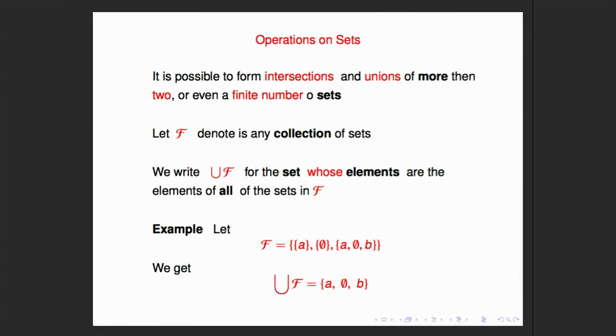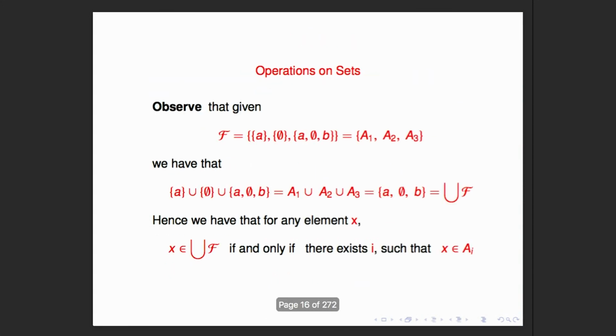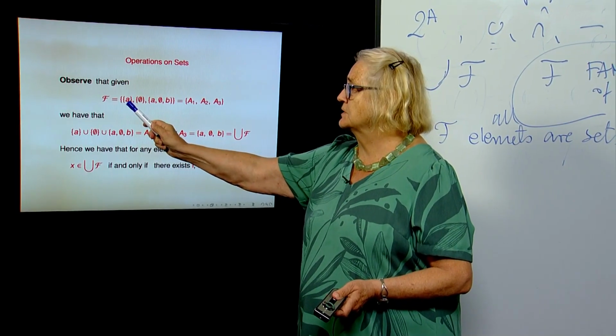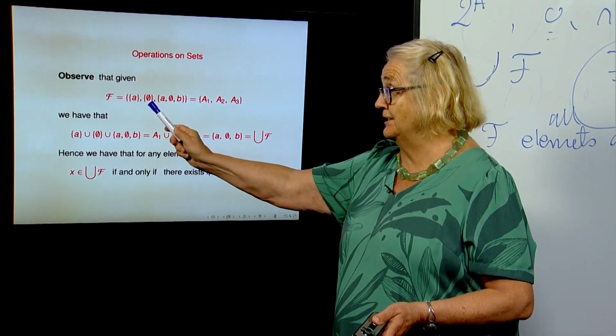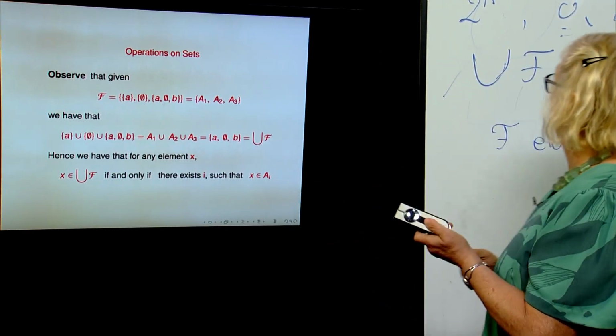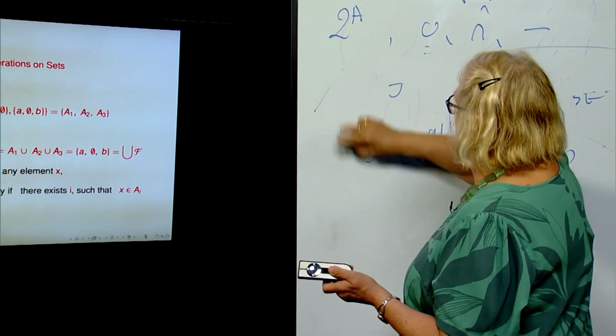So if you have 3 sets, for example, this is a family of sets because this is a set, this is a set, this is a set. This is a very nice set.